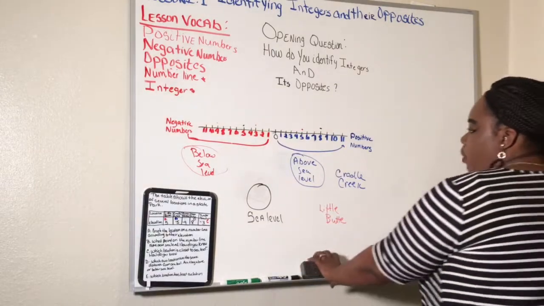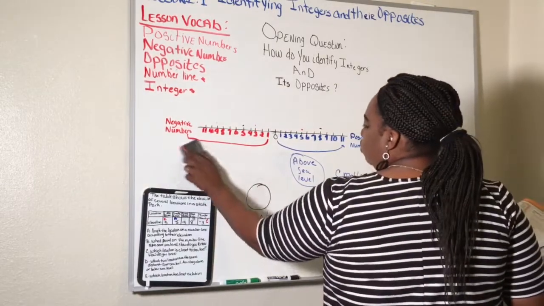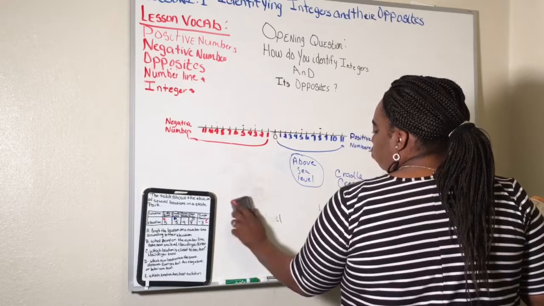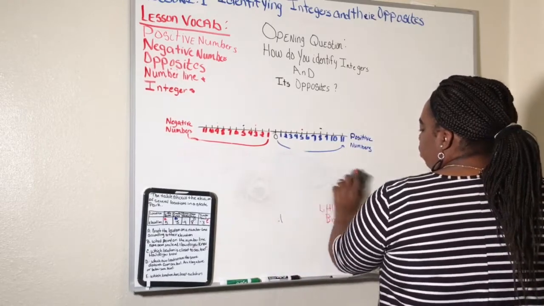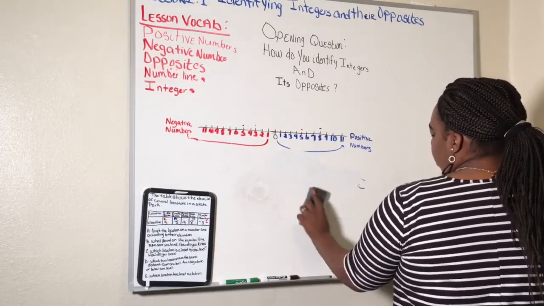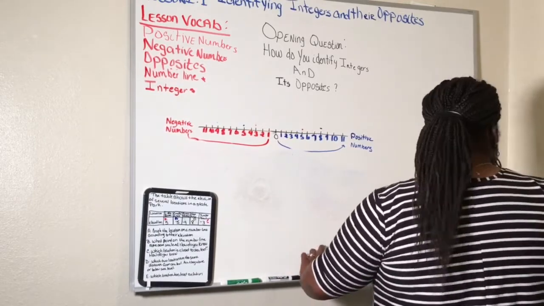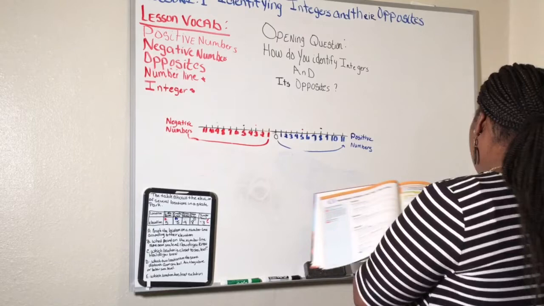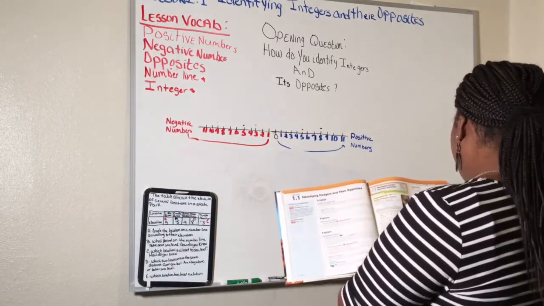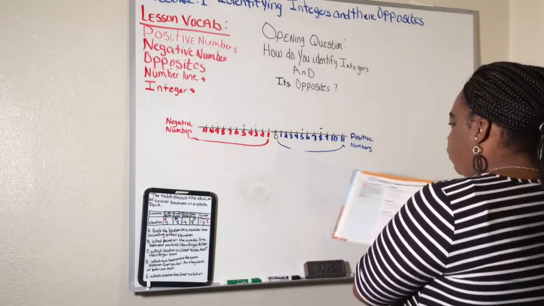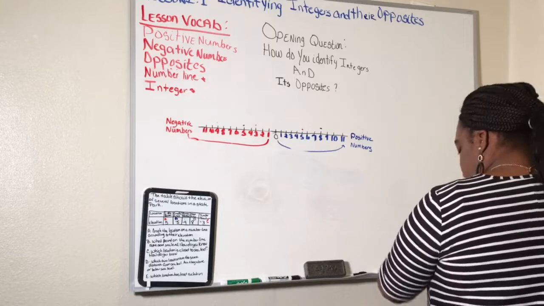So, okay, let's make us some room here. And let's go on. Let's see what we got here. We're going to leave our number line because that is what we're using. That is our tool for today. Morning Glory Stream is 7 feet below sea level. Well, I should have left the words there, right?